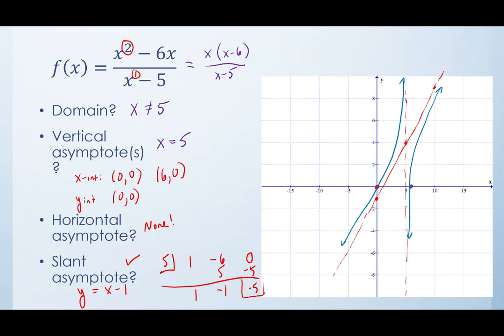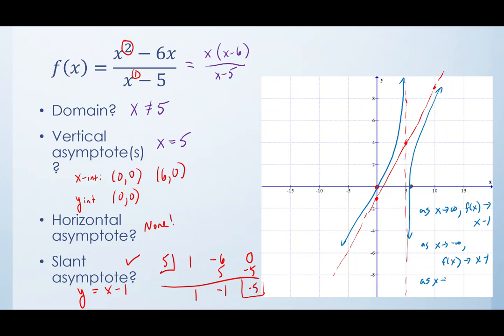And we can even write some arrow notation here. We can say as x goes to infinity, f of x goes to x minus 1. Same story as x goes to negative infinity, f of x goes to x minus 1. We can also say, and write it over here. No, we'll just write it down here.